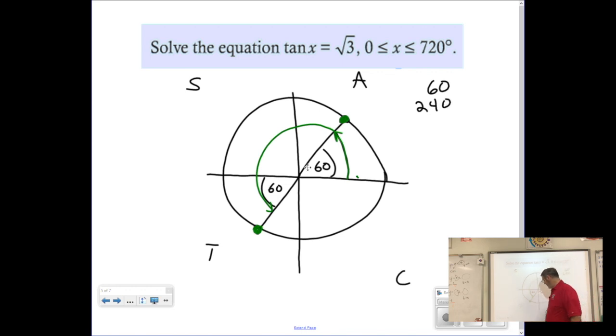Now, continuing, if I continue one more full revolution, back to here, on my second turnaround, I have 360 plus another 60. So if you do 240 plus another 180, you're going to get 420.